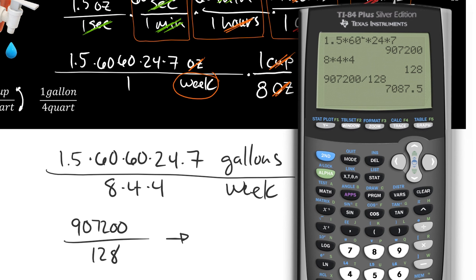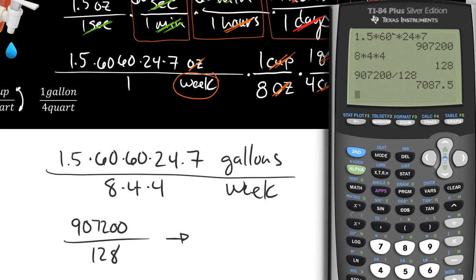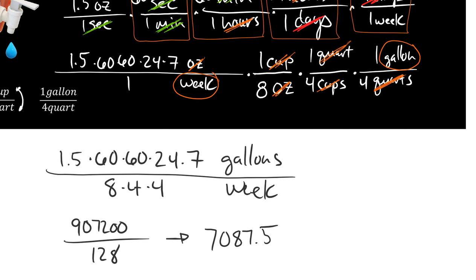And I get that, well, they're going to need a bigger bucket if it keeps leaking like this, right? But if it was possible, it would be equivalent to 7,087 and a half gallons per week.